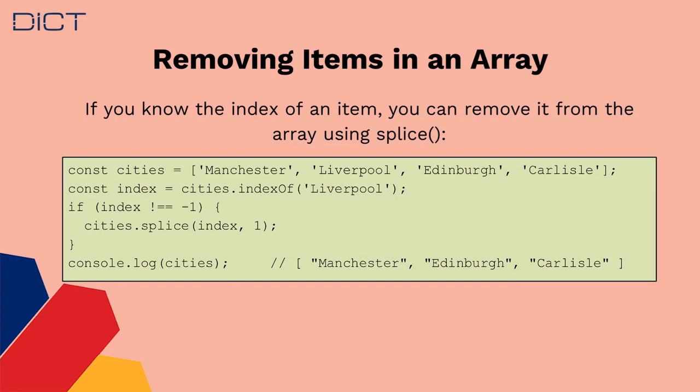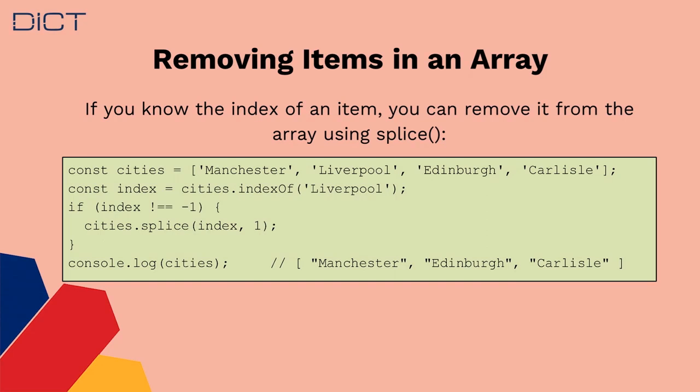So we will remove the item at index 1, and that's the second parameter of the splice method. We have index 0, Manchester, and Liverpool is the one at index 1.